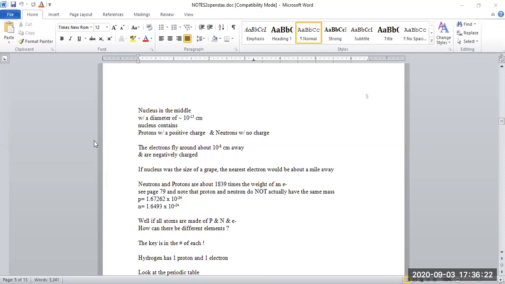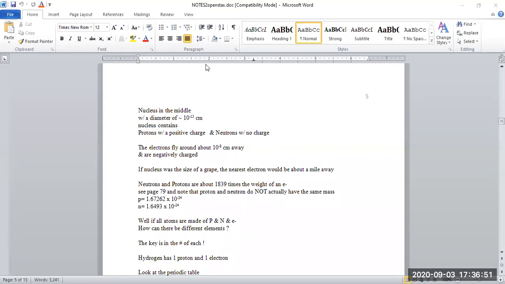All right, so the last thing we were talking about was the basics of the atom. We talked a little bit about sizes. Something else to think about is the nucleus versus the whole atom entirely. Think about your charges.